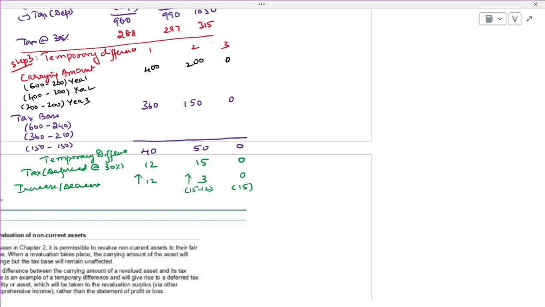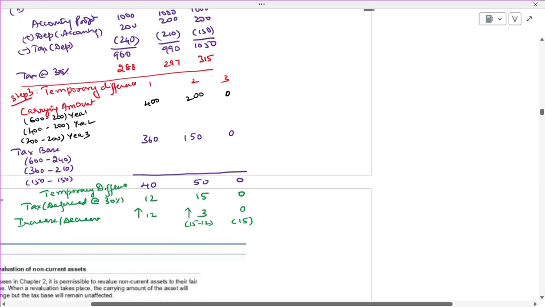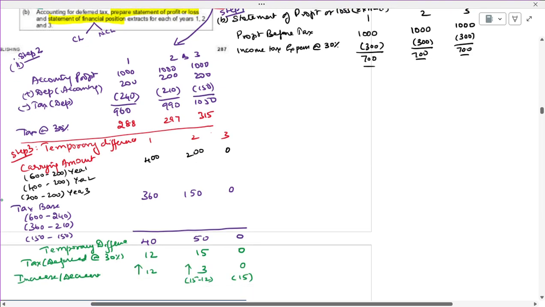Now, what you are doing is making a comparison. This is step 2, this is step 3.